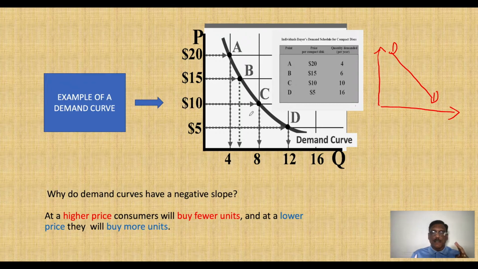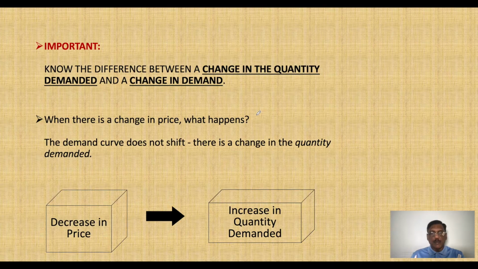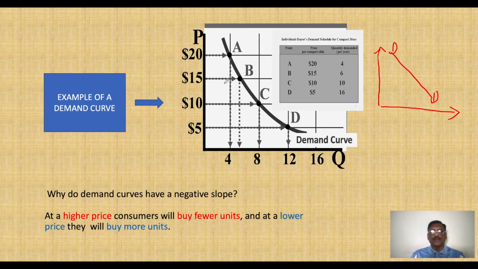Now another thing, you must know the difference between change in quantity demanded and change in demand. I'm going to go back to the previous graph. Whenever the price changes, any movement along the demand curve, when prices go down to 15, the quantity demanded has increased from 4 units to 6 units.